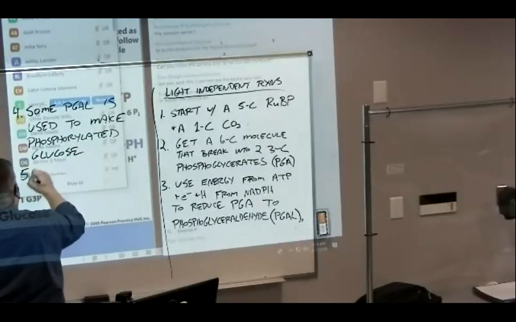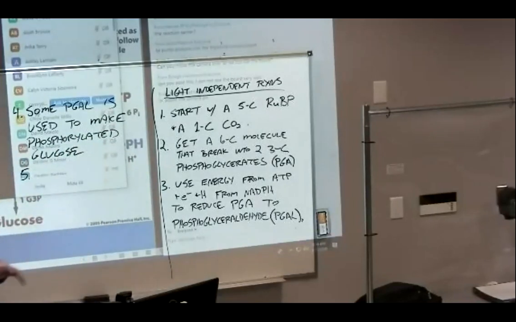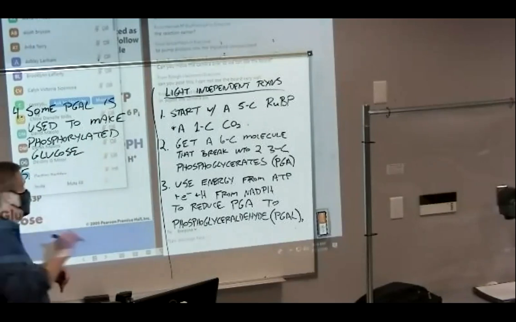And number 5, some of the PGAL plus ATP from the light-dependent reactions is used to regenerate the ribulose bisphosphate.